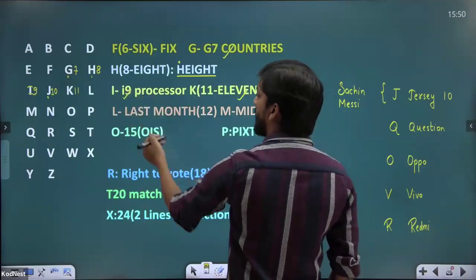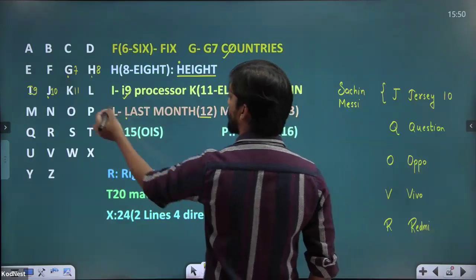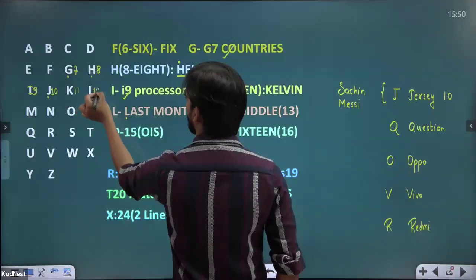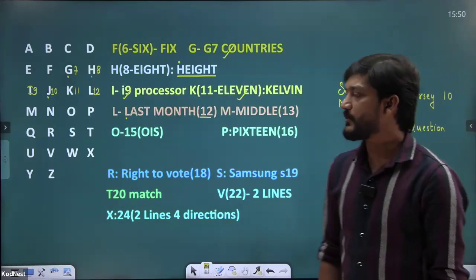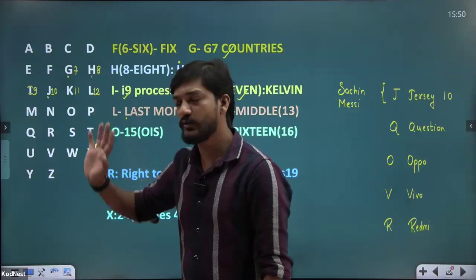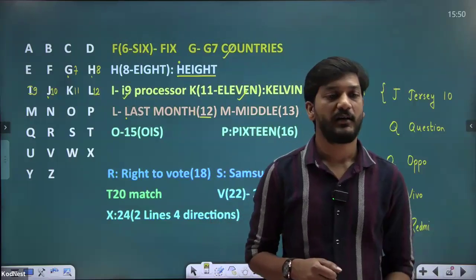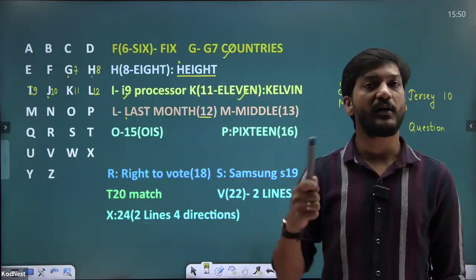Okay. Now L, L for last. Last month of the year is the 12th month. So L for last, so 12. Now when it comes to M, there are 26 letters, so there is no exact middle position. Whenever there is an odd number of objects, there is a middle place.